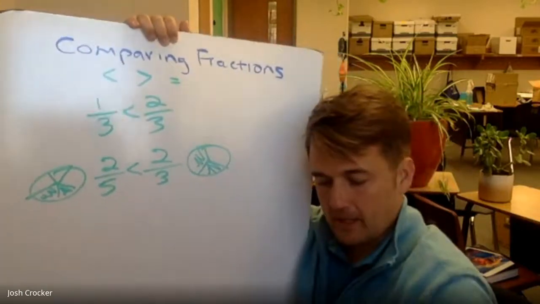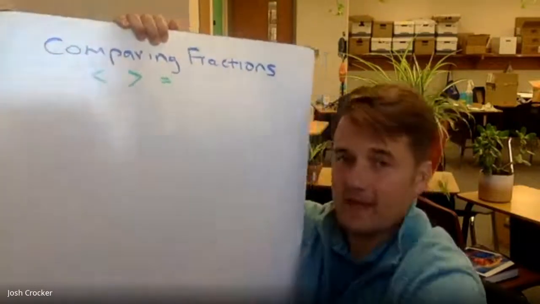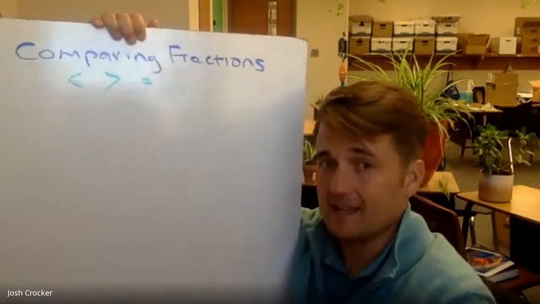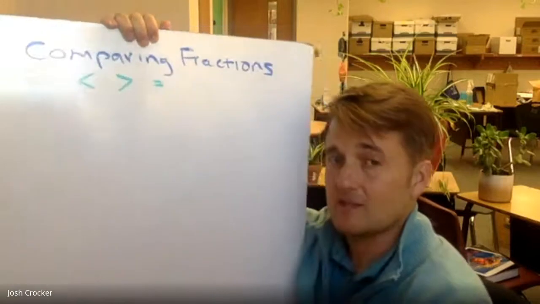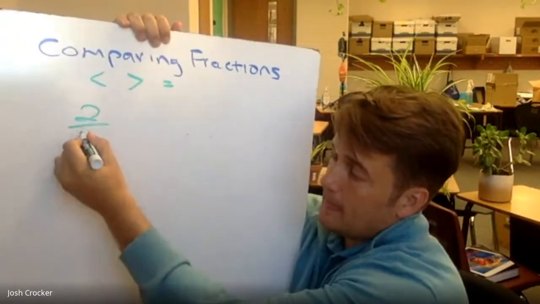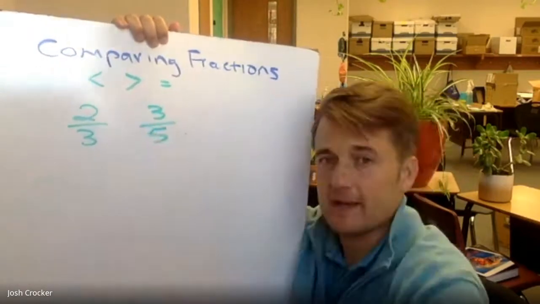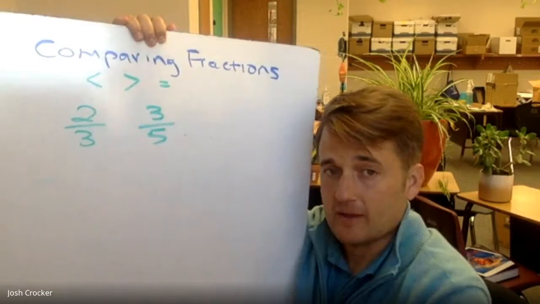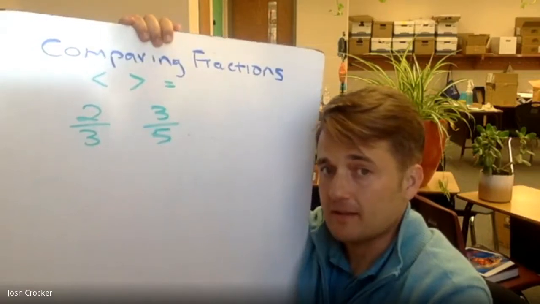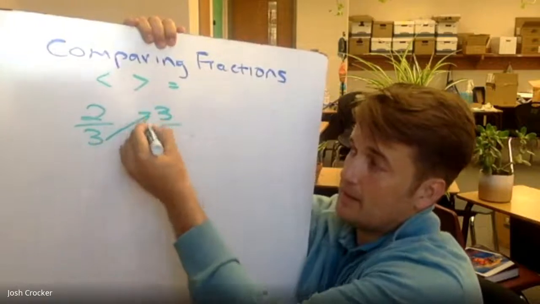But there is another way that you can compare fractions when they have nothing in common, and it's super easy. You do that by cross multiplying. What I mean is you take this number and multiply it by this number.